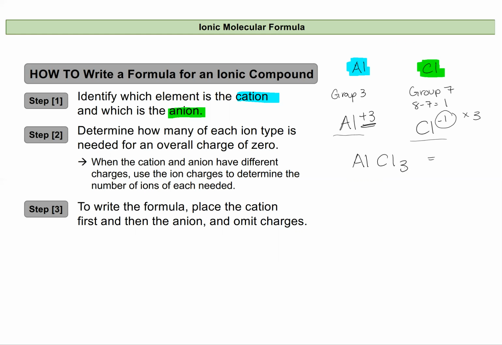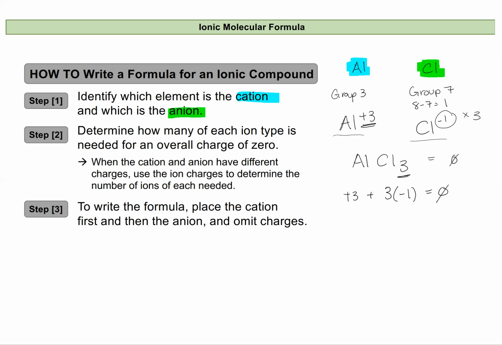So I would write this as aluminum chlorine with 3 chlorines, and I would use a subscript to say that I would have 3 chlorines in this compound. And this will have an overall charge of 0. It'll be +3 plus 3 times -1 will equal 0. That's my double check.